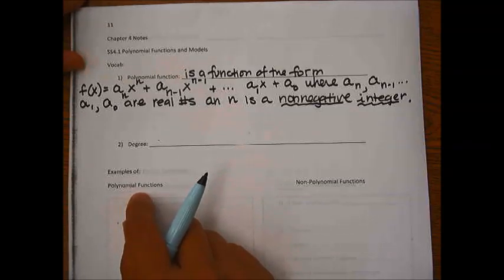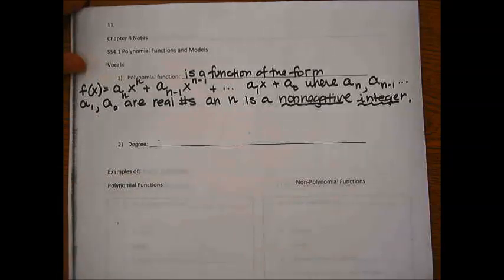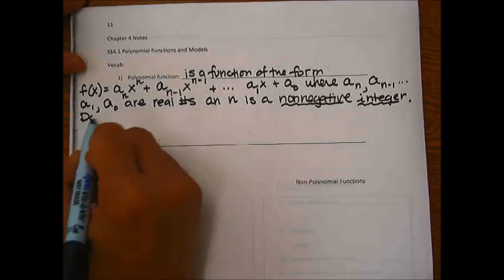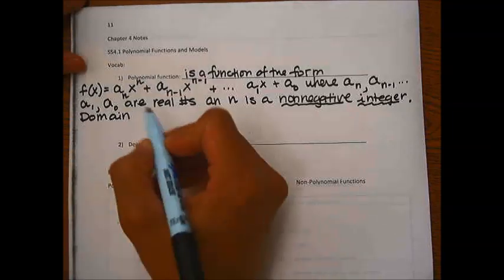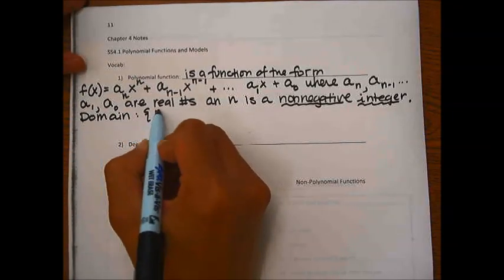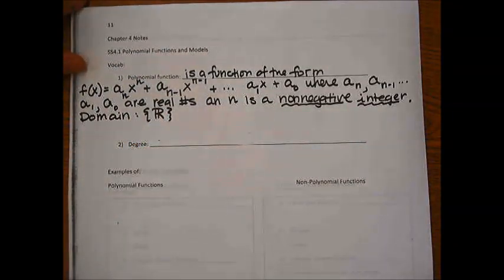Now let's talk about the domain of all polynomial functions. Domain is always all real numbers. It doesn't matter what the polynomial function is. If you say that this is a polynomial function, then the domain is all real.